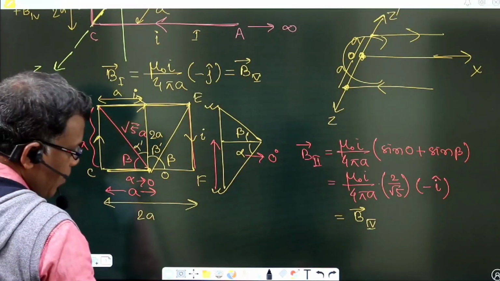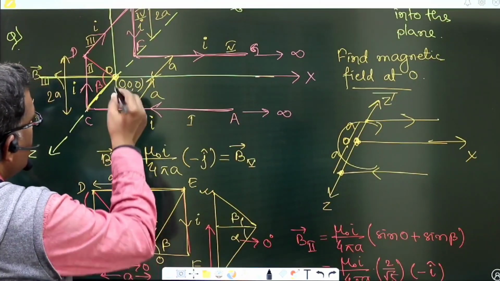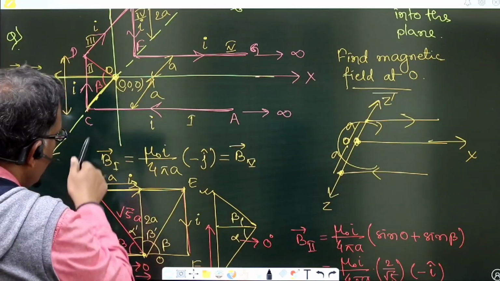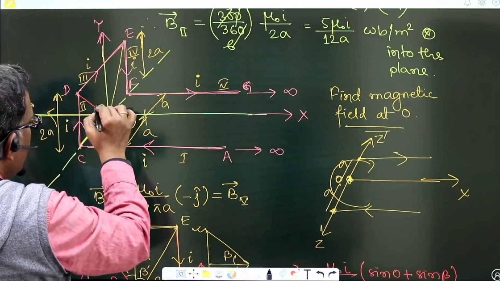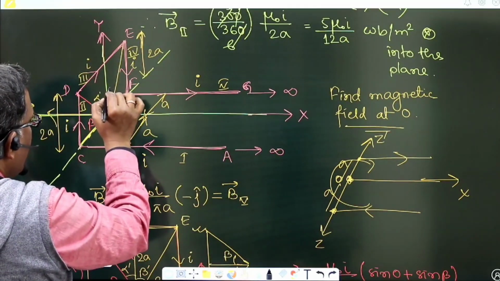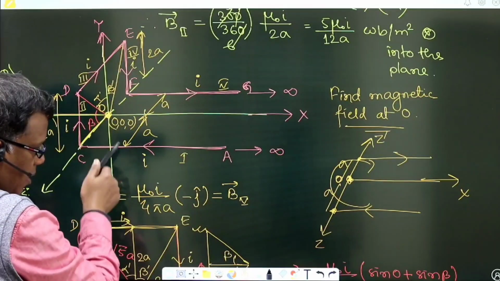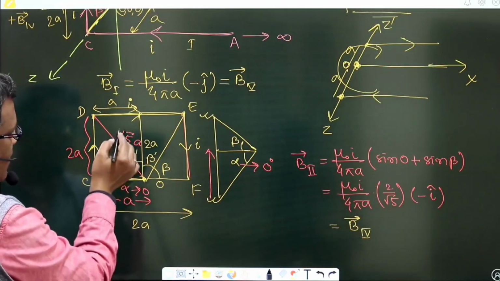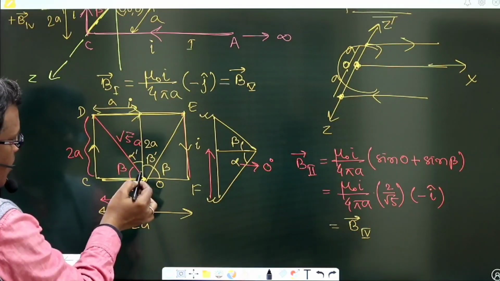With respect to this point, the line joining these two ends will be equal in angle. So alpha dash and beta dash will again be the same. This is A, this is 2A.